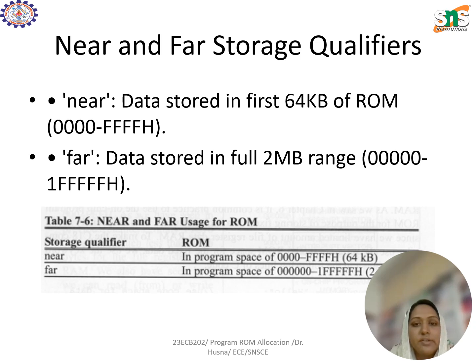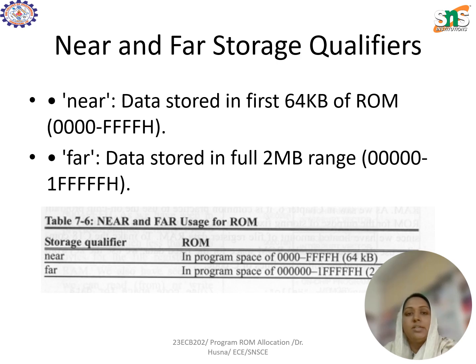What are the near and far storage qualifiers? The near storage qualifier has a fixed default storage space of 64 KB, and far is a full 2 MB of data space. We use near when we have small data, as the default behavior is near. When we have far programming, which exceeds 64 KB, then we use far.